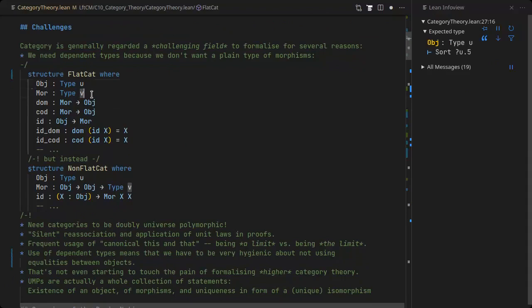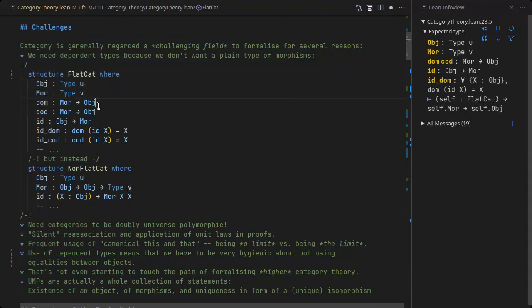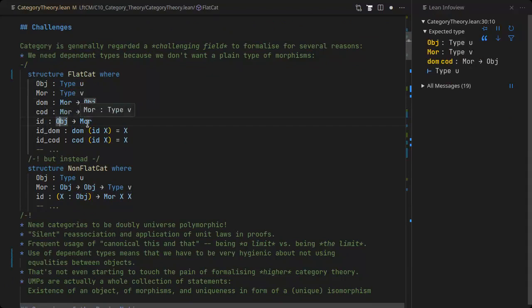Instead of a field that contains the morphisms, you would say we need functions that tell us the domain and the codomain for each morphism. These would be functions from mor to obj. And then, for example, the identity would be a function from obj to mor.